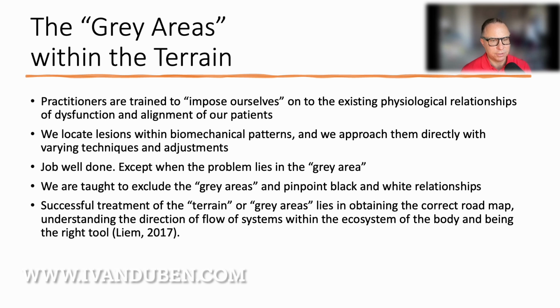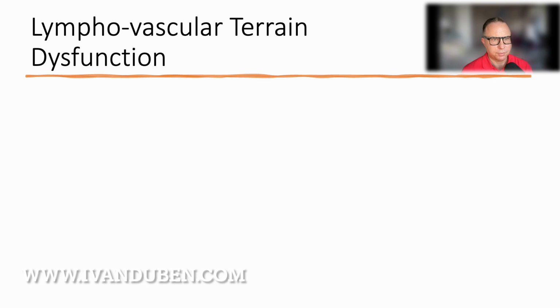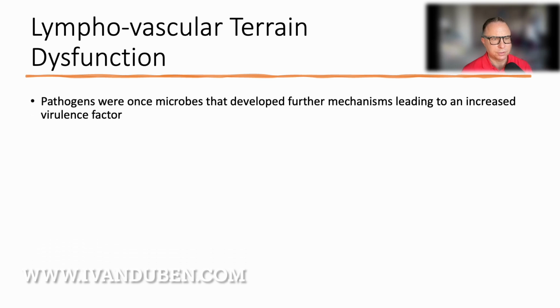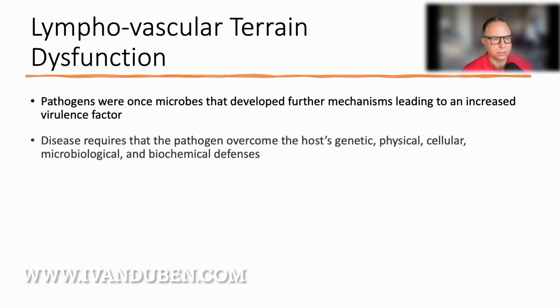Successful treatment of the terrain or gray area lies in obtaining the correct roadmap, understanding the direction of flow systems within the ecosystem of the body, and being the right tool for the body. Sephinger talks about lymphovascular terrain dysfunction. Pathogens were once microbes that developed further mechanisms leading to an increased virulence factor.